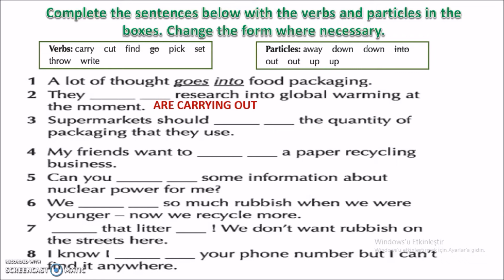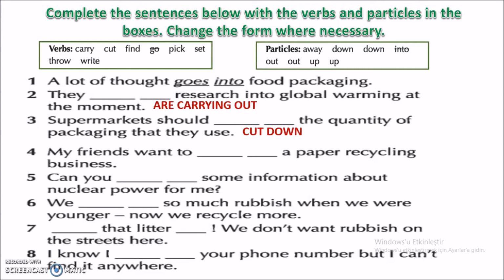I know that grammatically after should, I need to use verb 1. So this is the grammar point that I need to consider. Now I will focus on the meaning. Supermarkets should do what? They should cut down the quantity of packaging that they use. They should reduce the amount of packaging. This is what this sentence means.